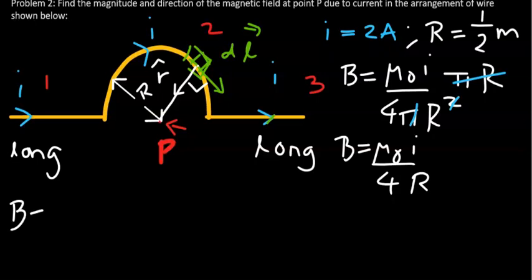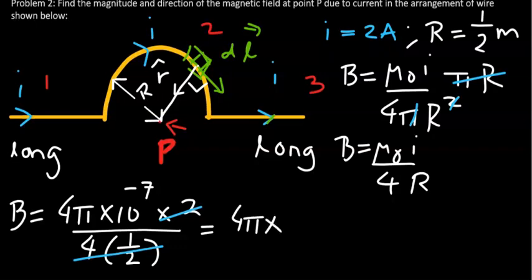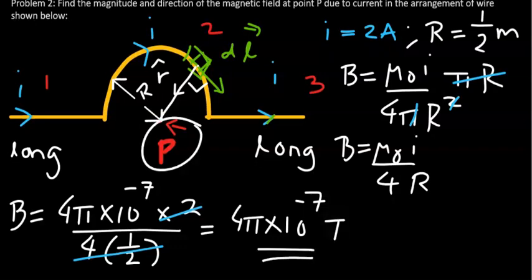Substituting the constants, so the constant mu naught is 4 pi times 10 to the power minus 7 in SI unit. The current is 2 ampere over 4 times the radius is half meter. So you see that this will cancel that, giving you a magnitude for the magnetic field to the amount of 4 pi times 10 to the power minus 7 Tesla at point P.